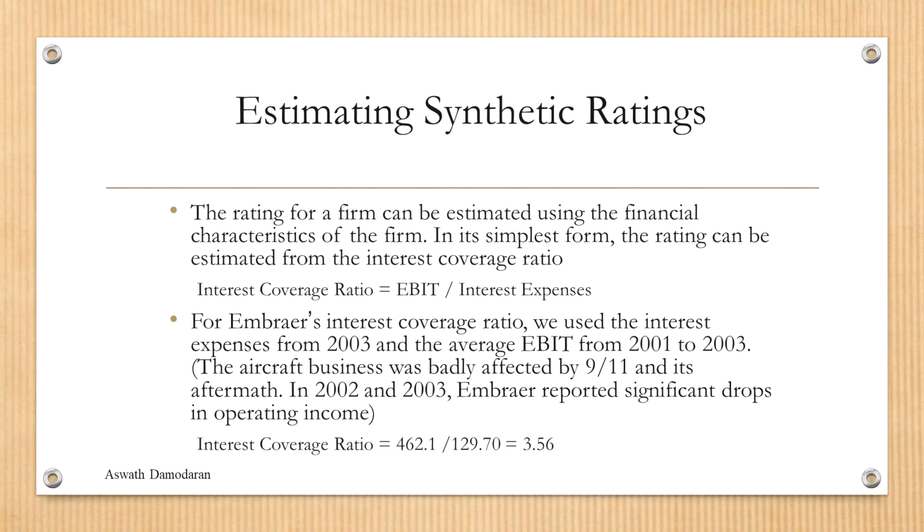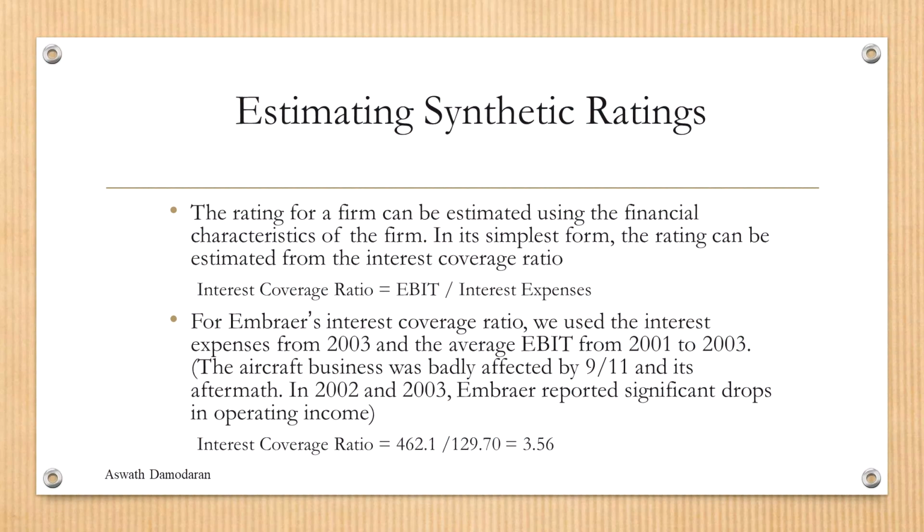Here we use one of those financial characteristics, the interest coverage ratio. We look at this financial ratio to see what level it is, and then compare this number with comparable companies that have a credit rating, so we can get the comparable credit rating as well as default spread.